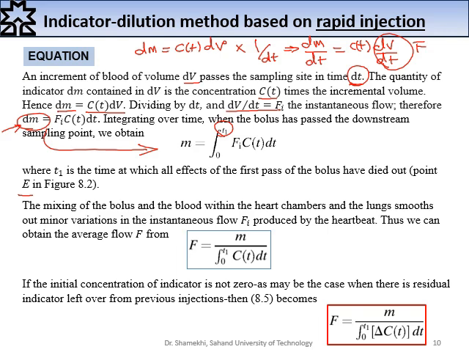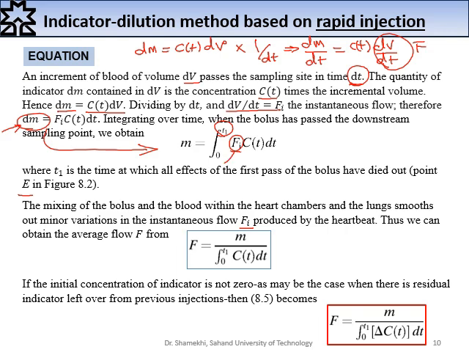Also, the mixing of the bolus and the blood within the heart chambers and the lungs smooths out minor variations in the instantaneous flow Fi produced by the heartbeat. Thus, we can obtain the average flow F from this equation. We assume that Fi is not related to time and is an average value.